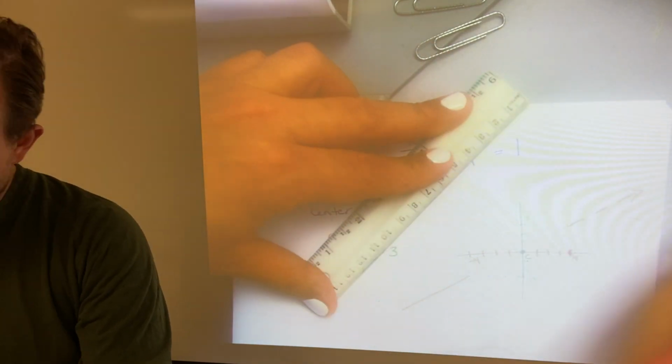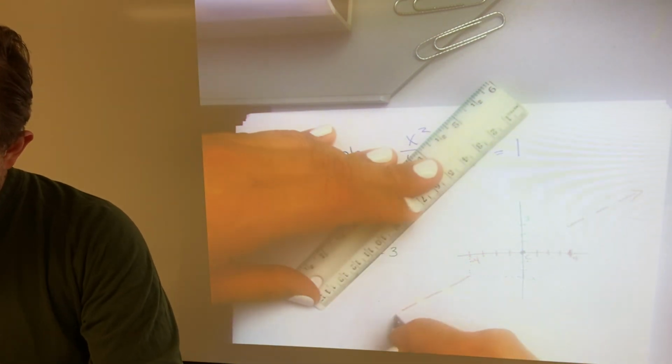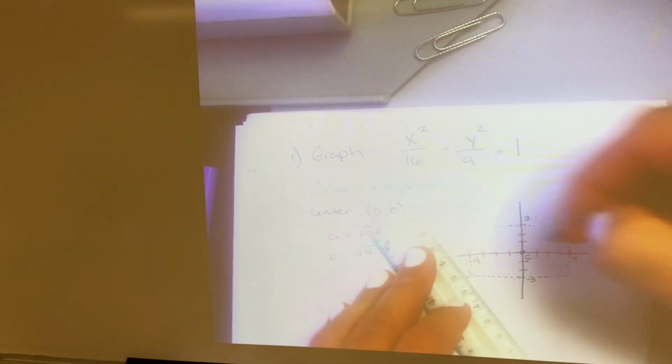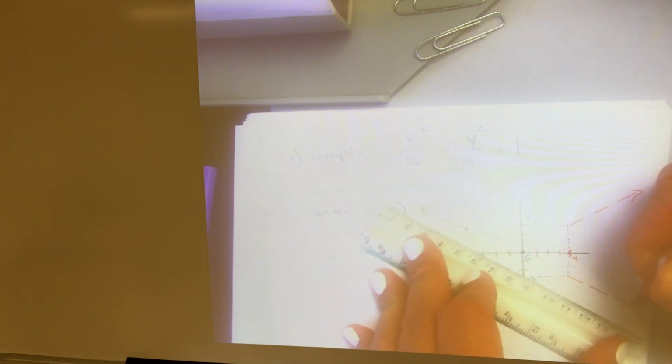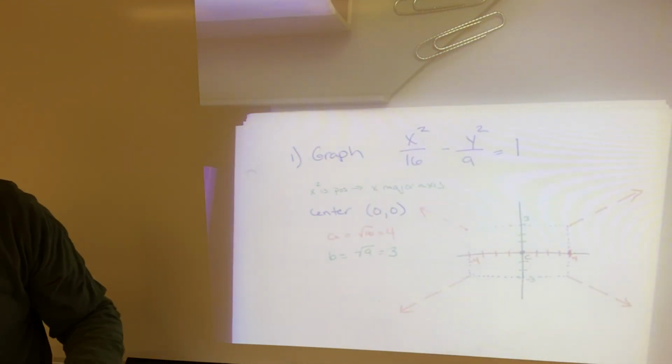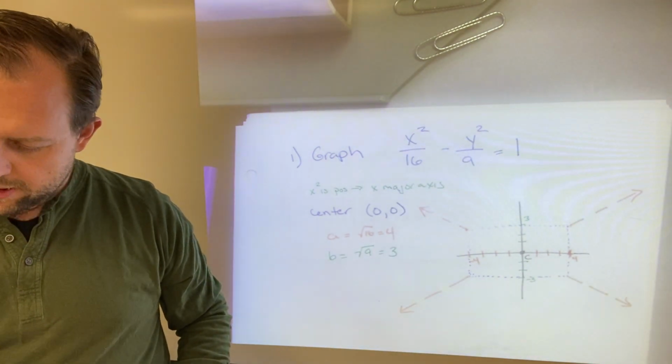Usually we make it dotted. There, look at that, now it's dotted. And because x is the major axis, it's opening on the x.